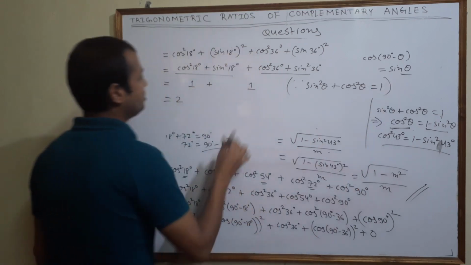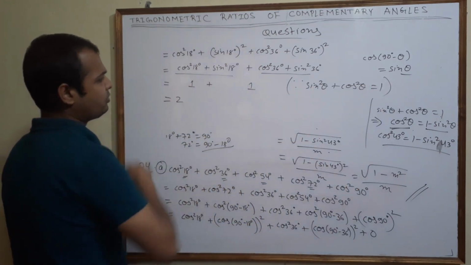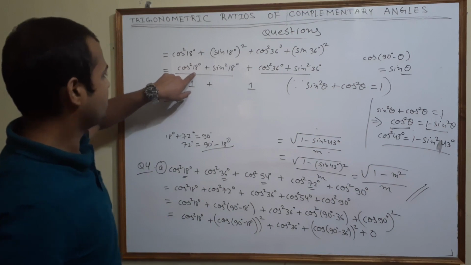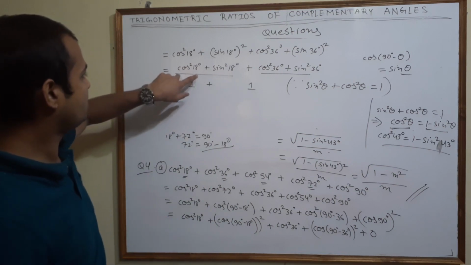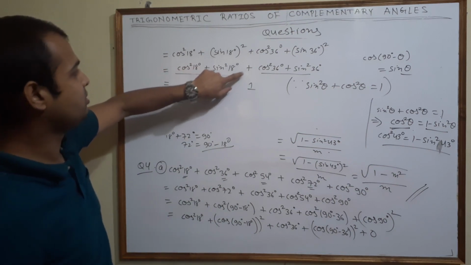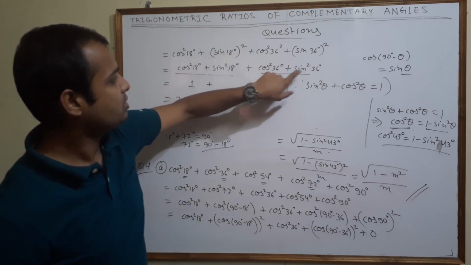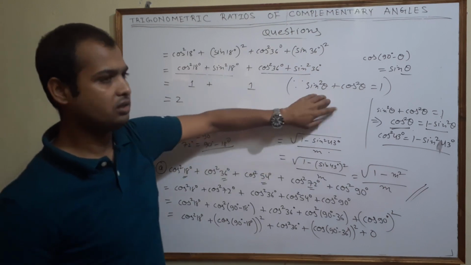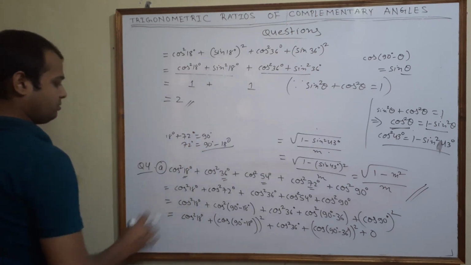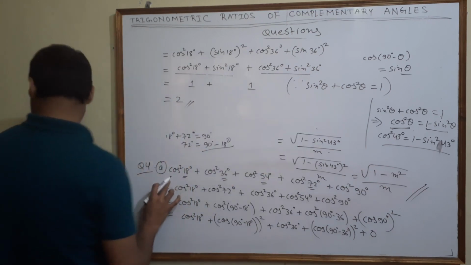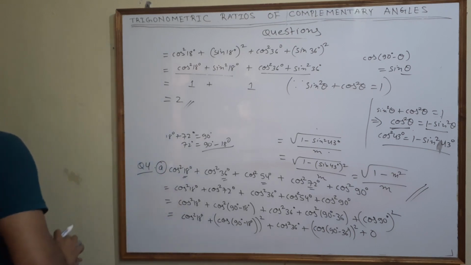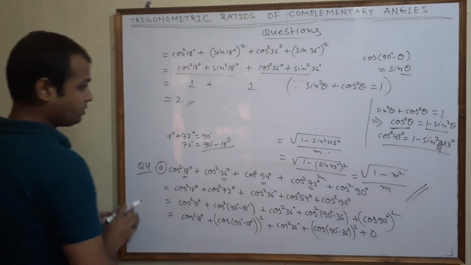You can observe cos square 18 plus sin square 18 is equal to 1, and cos square 36 degree plus sin square 36 degree is 1 by this formula. So you got the answer for this question. Okay, let's see the next question.